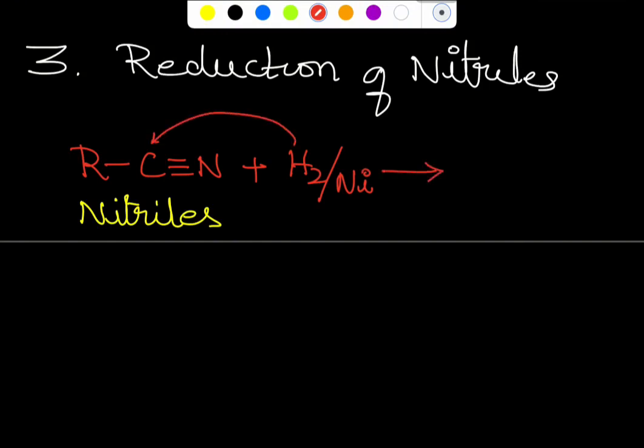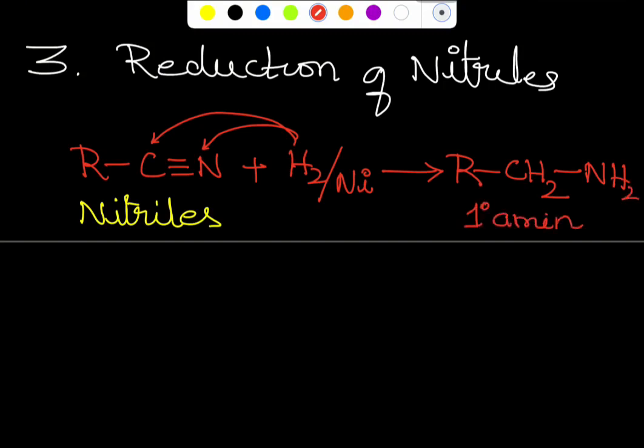The hydrogens add across the carbon and nitrogen, and the triple bond converts into a single bond. For that you have to attach two hydrogens to carbon and two hydrogens to nitrogen. So you will get a primary amine. Hence nitriles on reduction give primary amines. You can go for catalytic reduction using nickel as the catalyst.